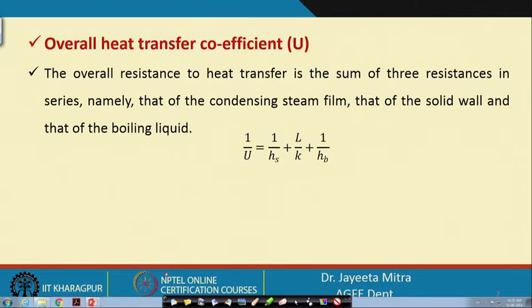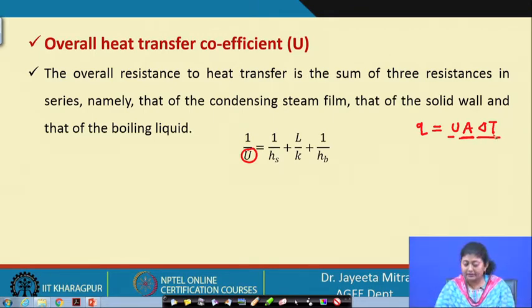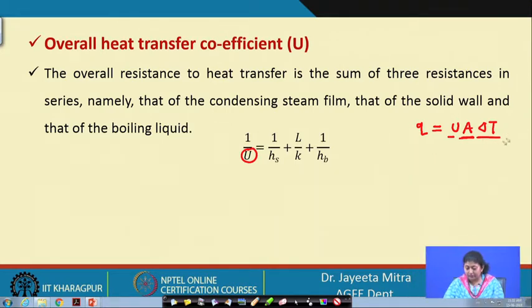Okay. So, this is how we can calculate the overall heat transfer coefficient, and ultimately we know, as we might have read in heat transfer, that Q, the total heat transfer, will be U A delta T, where A is the surface area of the evaporator or the surface area of heat transfer, U is this overall heat transfer coefficient, and delta T is the temperature difference across which the heat transfer is occurring.